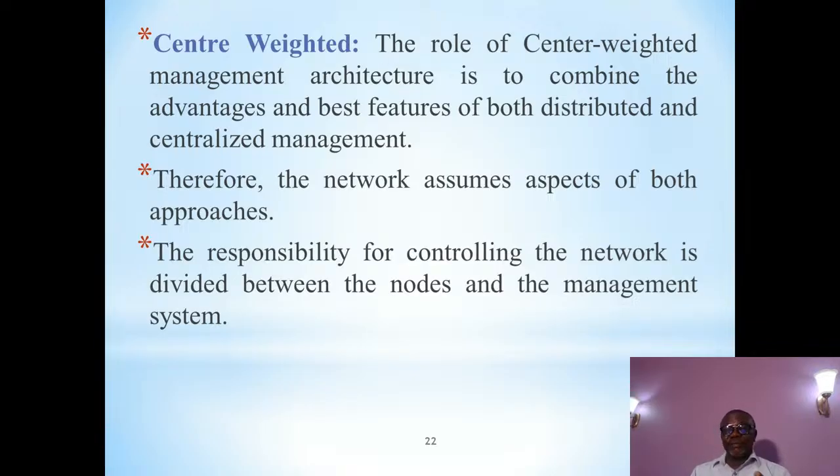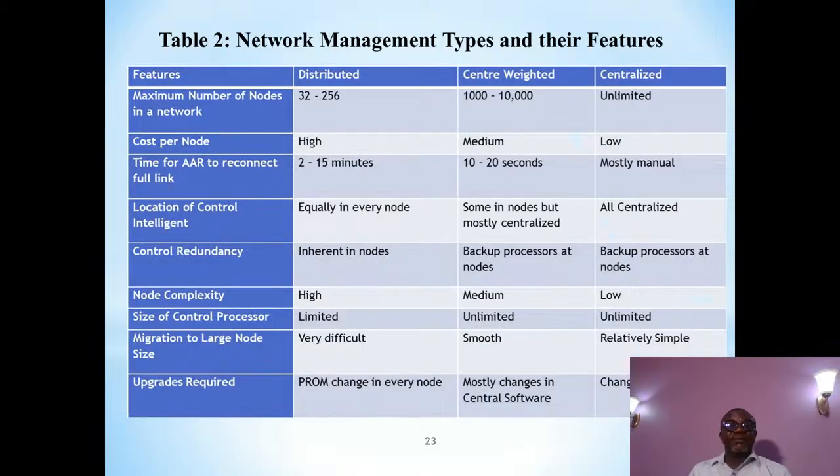So it acts in between, but extracts only the best features of the distributed and the centralized. Therefore, the network assumes aspects of both approaches. The responsibility for controlling the network is then divided between the nodes and the management system.